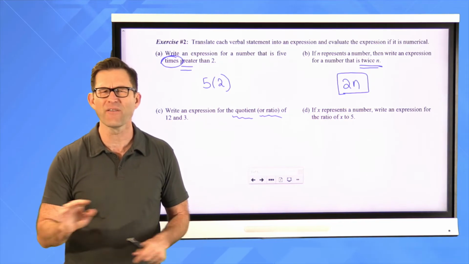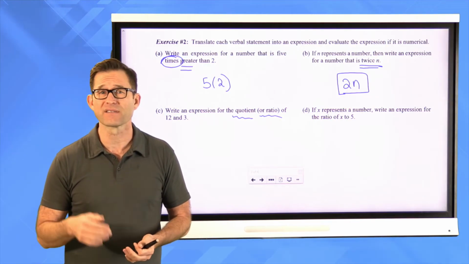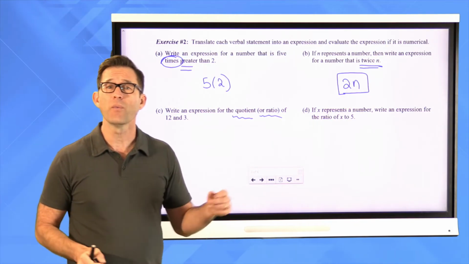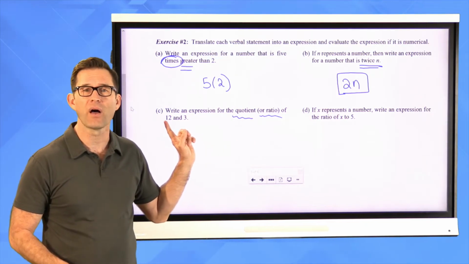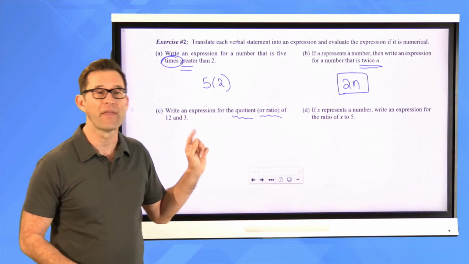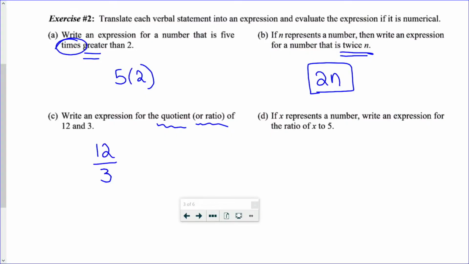You'll hardly ever see that again in a math class, in a science class, anything from now on. So when we see the quotient or ratio of 12 and 3, it's always implied this number divided by that number. Not necessarily the larger one divided by the smaller one, although that is the case here, but that is the ratio or the quotient of 12 and 3.